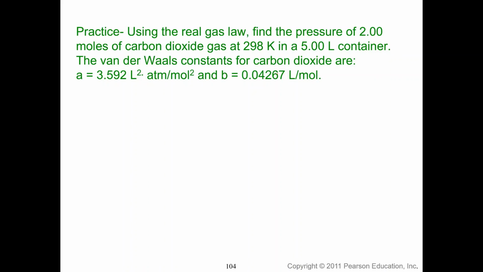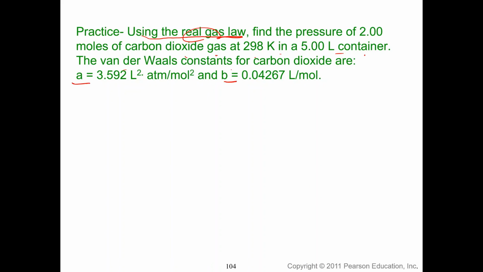So look at the problem here. It is asking, using a real gas law, find the pressure of 2 moles of carbon dioxide at a given temperature. The volume is given and the van der Waals information is given. So you are using a real gas law right here. If you do the real gas law, then you need to have the van der Waals information.